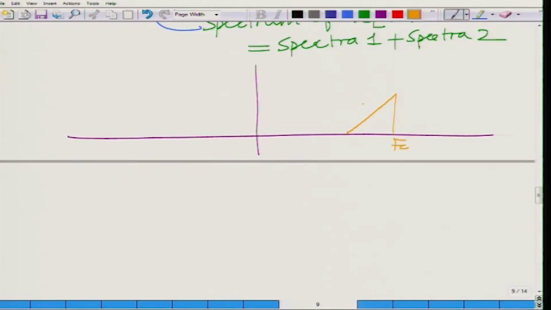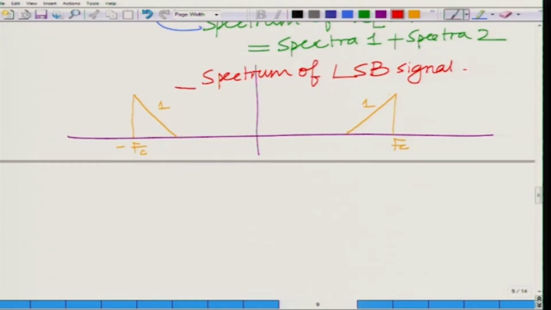This is f c, and this is the spectrum of the LSB signal.